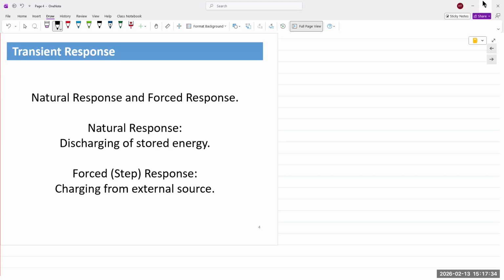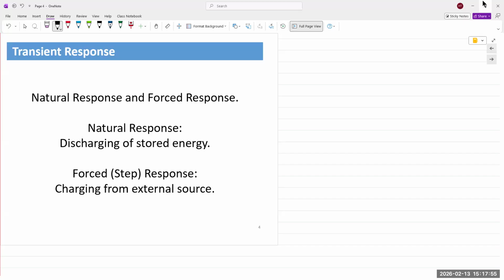So in that sense, everything that we have studied thus far, where we take a source, we connect it to a resistor, and then we obtain a resistor voltage or a resistor current, that was a forced response. External source present in a circuit, that is a forced response.